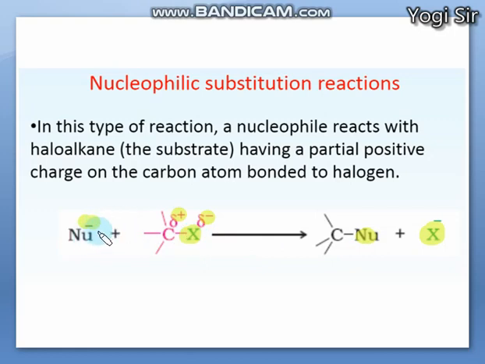This nucleophile can be any functional group which has lone pairs, or even a negatively charged ion like Cl minus, Br minus, or OH minus, the hydroxyl group, or NH2 minus, right, the amine group. Any of these negatively charged nucleophiles can substitute this halogen, so it is named SN reaction.